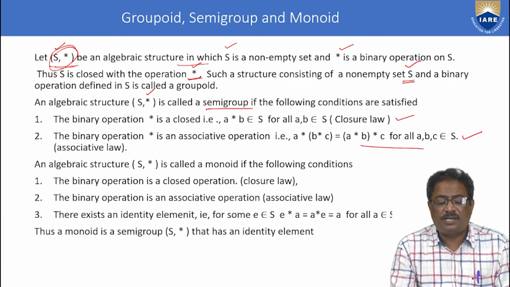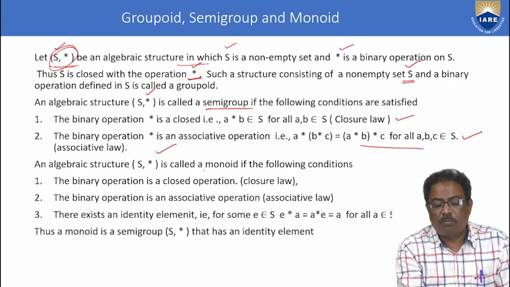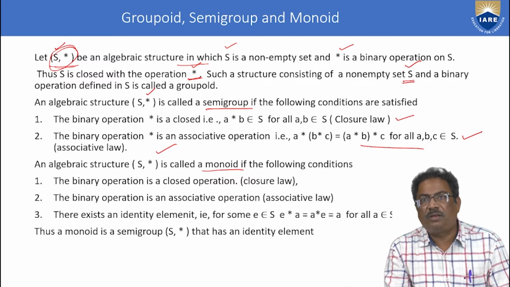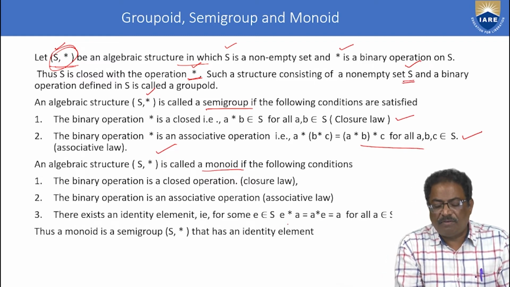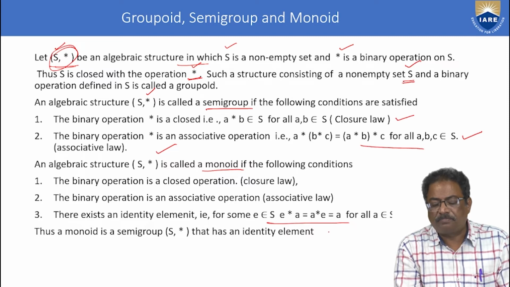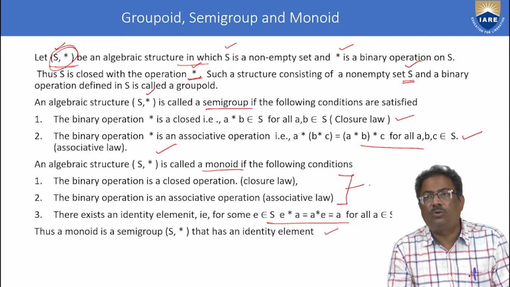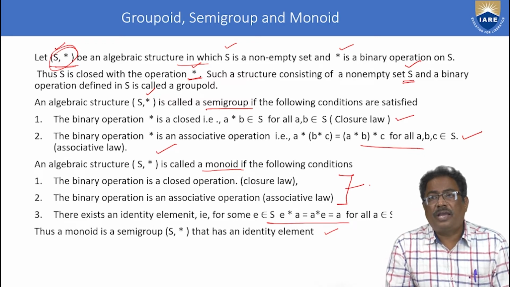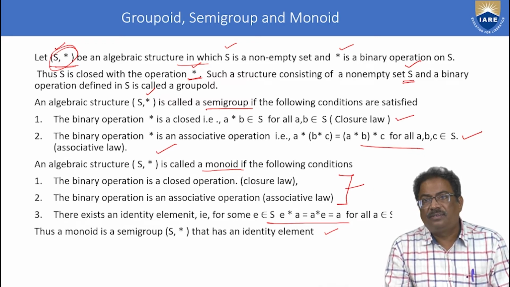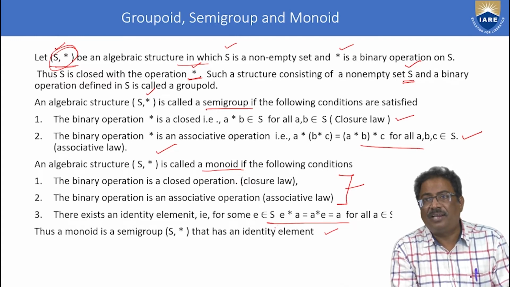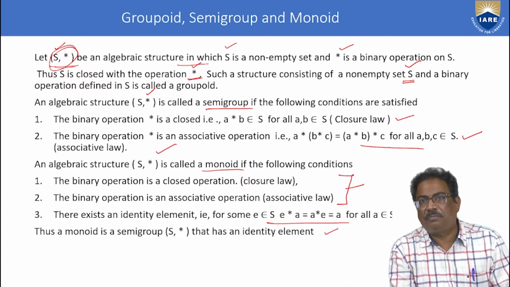And a semigroup is said to be a monoid if it has an identity element. These two conditions are obvious, they are true for a semigroup. So a semigroup is said to be a monoid if it has an identity element. Then that semigroup is called a monoid.